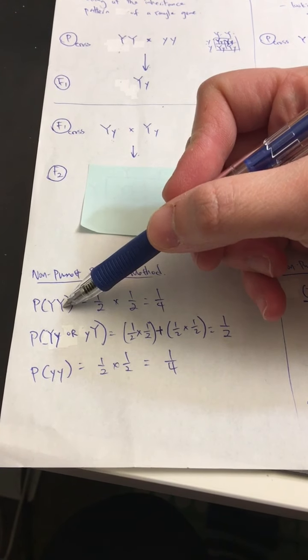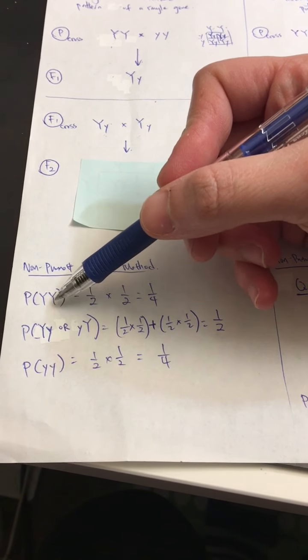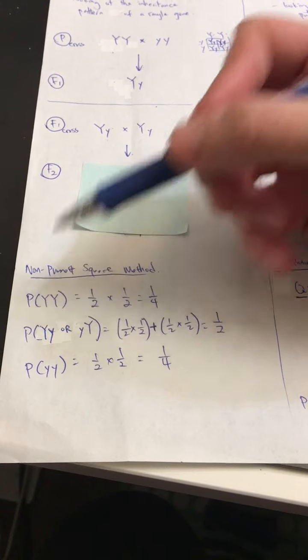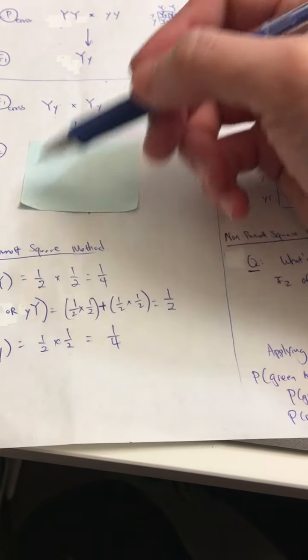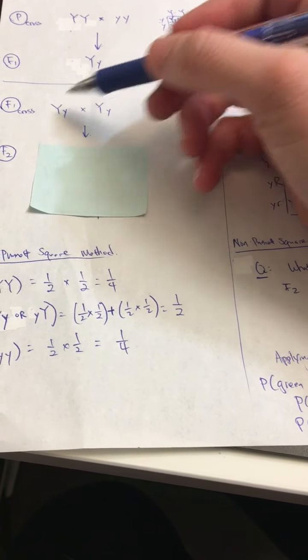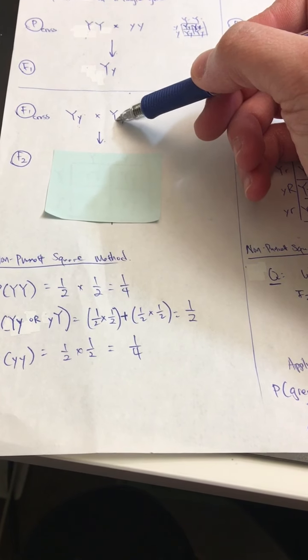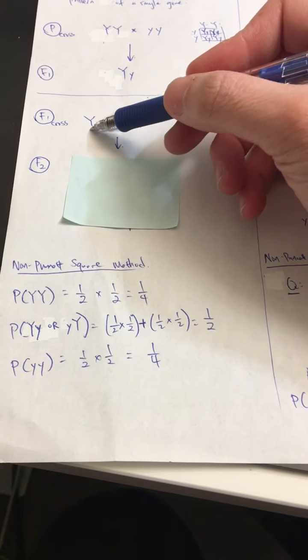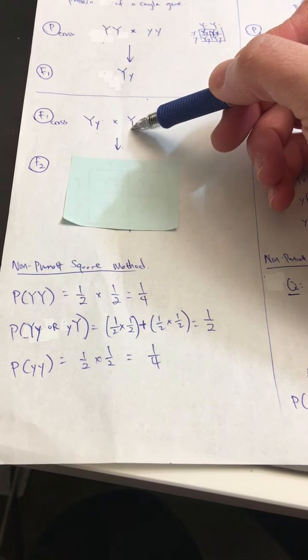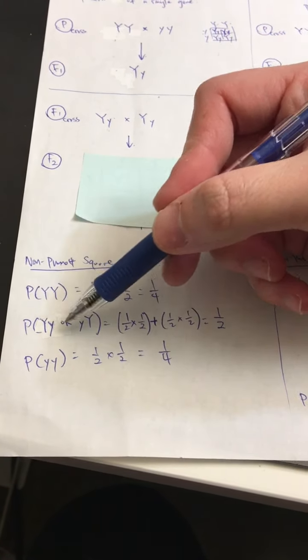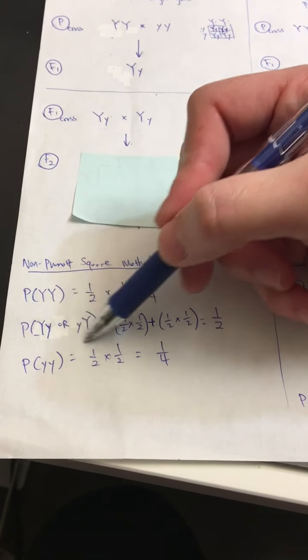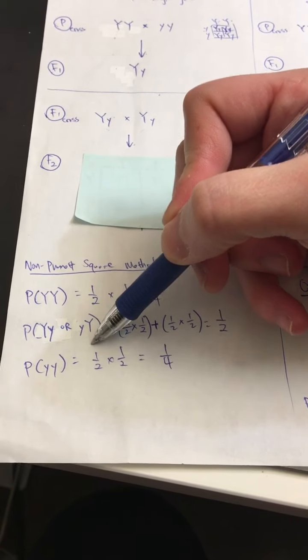For the offspring to get big Y big Y, we would need the offspring to get a big Y from this parent and then a big Y from this parent. So that's 1/2 times 1/2. That's 1/4.